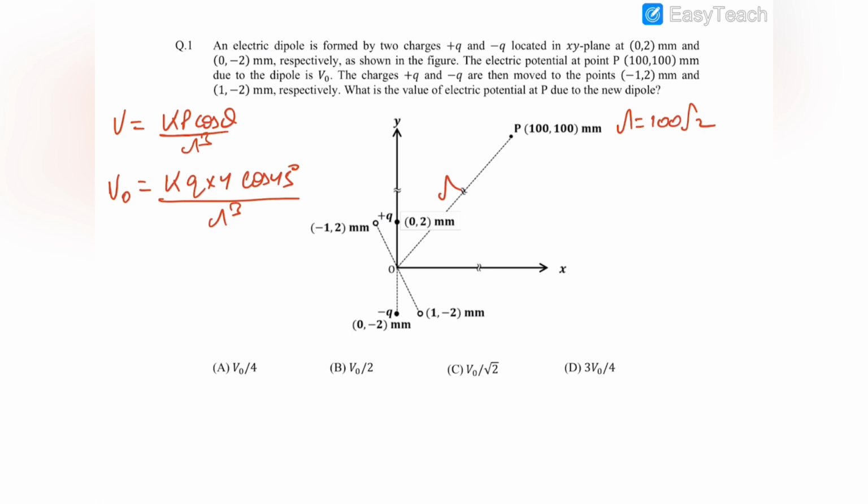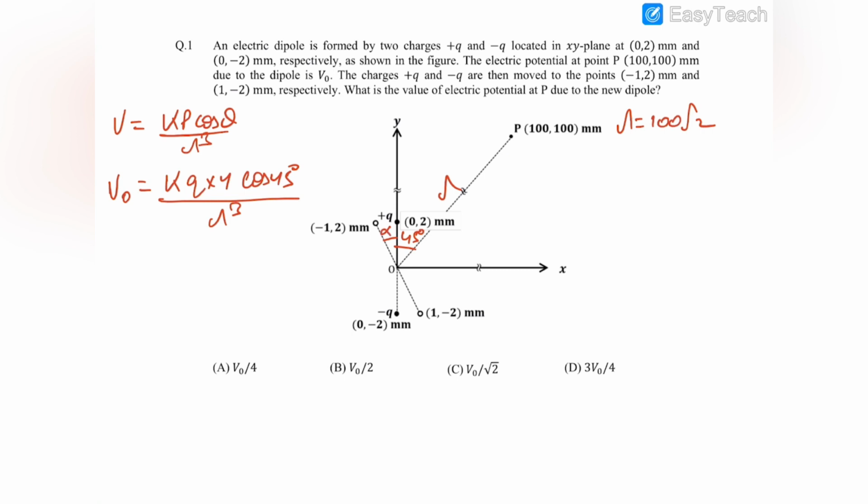Now, we have shifted the dipole. So by shifting the dipole to the new position, the r remains the same but the angle changes. Now this angle is 45, and let's suppose that this angle is alpha.